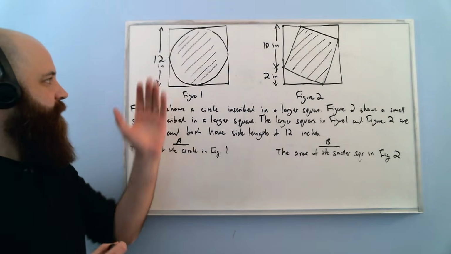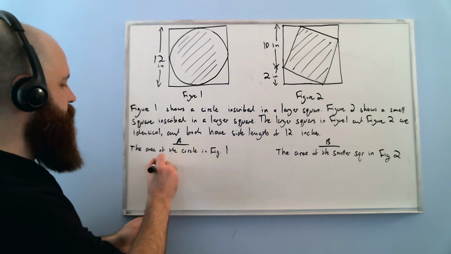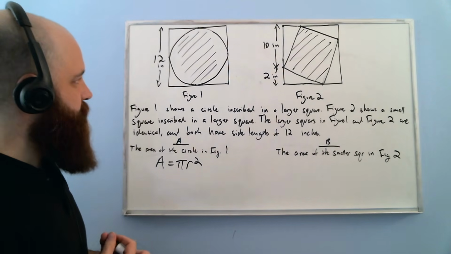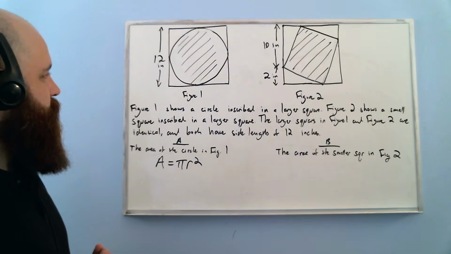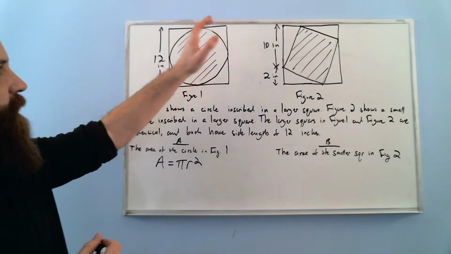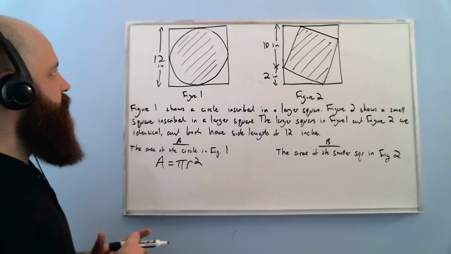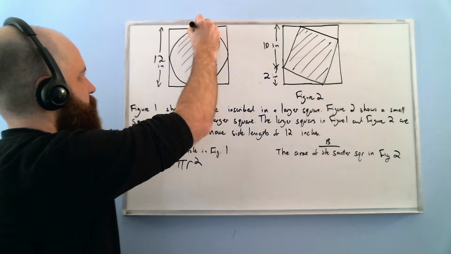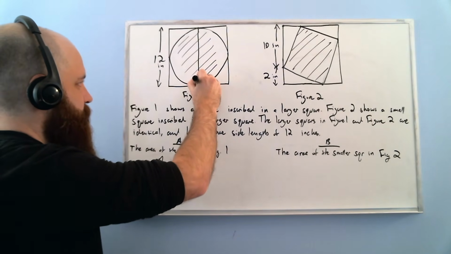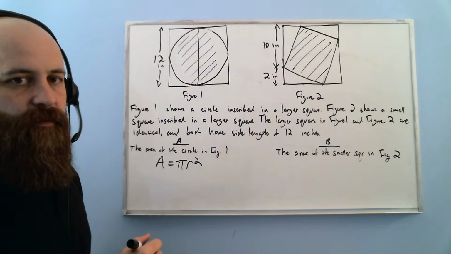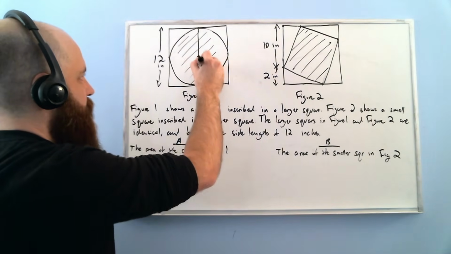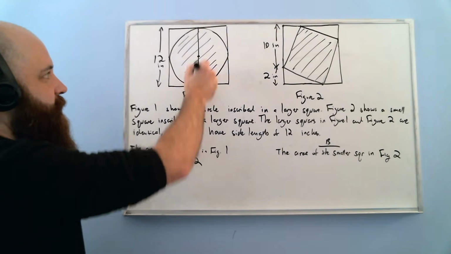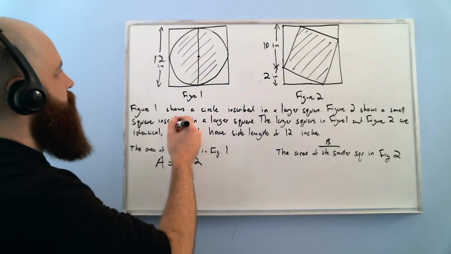Okay, well, the formula for the area of a circle is pi r squared, so if I were to figure out the radius of that circle, I'd be in good shape. They don't tell me the radius directly, but if I think about this circle being lodged into that square, well, notice if I draw a line from where the circle is touching the square on top to where it's touching on the bottom, that's just going to have to cut right through the center of the circle, and the side length of the square is going to be equal to the length of that line I just drew, which is otherwise known as the diameter, right?